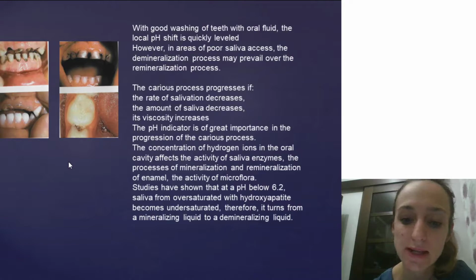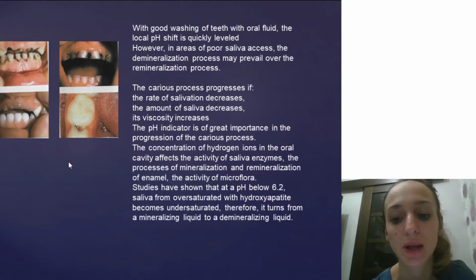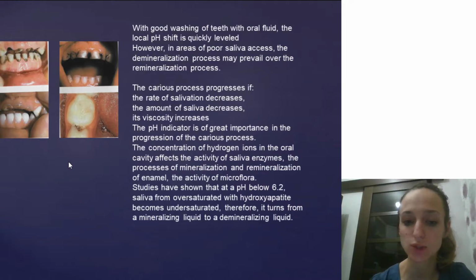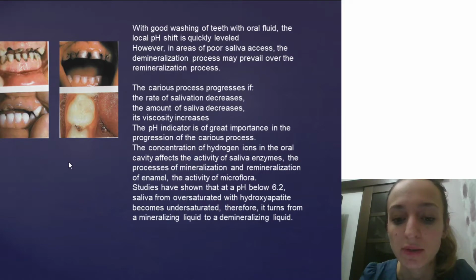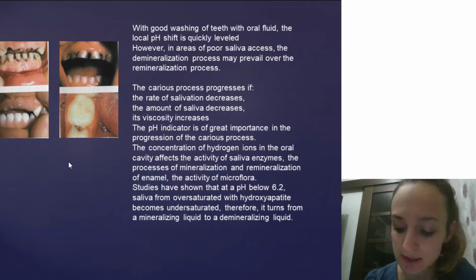Studies have shown that at a pH below 6.2, saliva, from oversaturated with hydroxyapatite, becomes undersaturated, and therefore it turns from a mineralizing liquid to a demineralizing liquid.